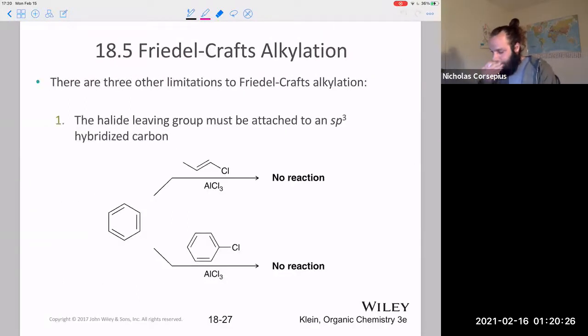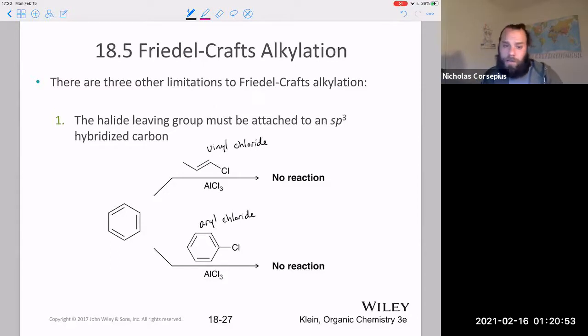Other limitations to the Friedel-Crafts alkylation reactions. So first of all, your halogens need to be attached to sp3 hybridized carbons, meaning that you can't use a vinyl chloride or an aryl chloride.